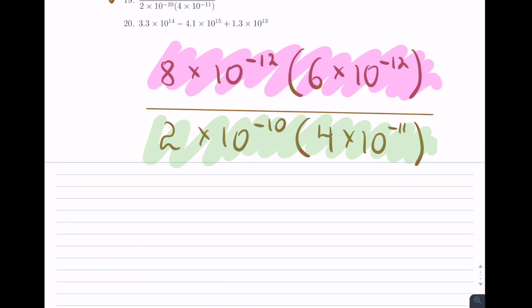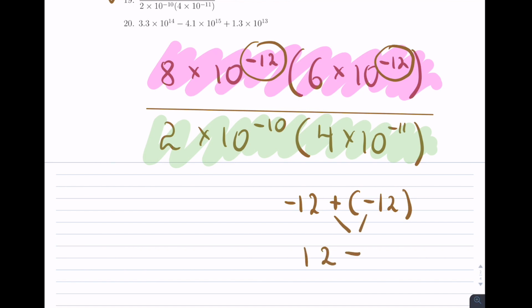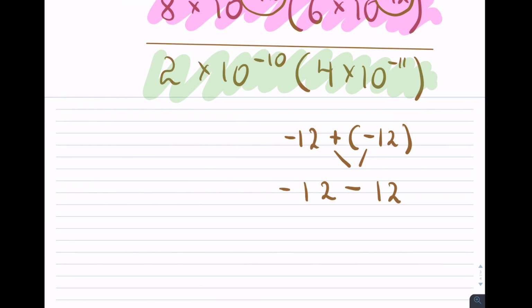So on top in the numerator, I have these two guys, and since we're multiplying, I'm going to be adding the exponents. Notice again, it's like adding your debt.